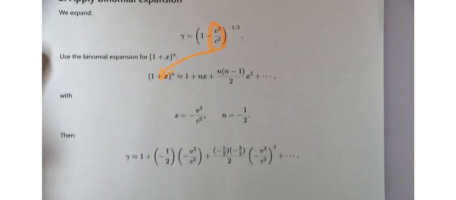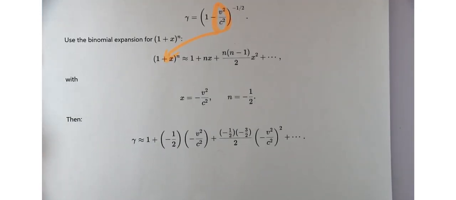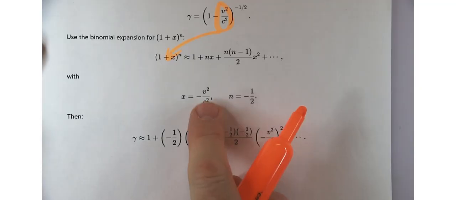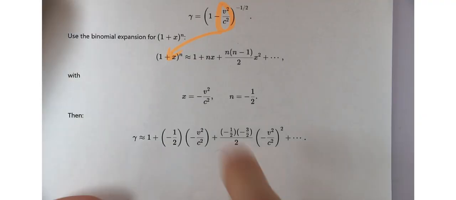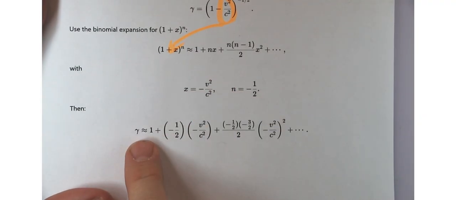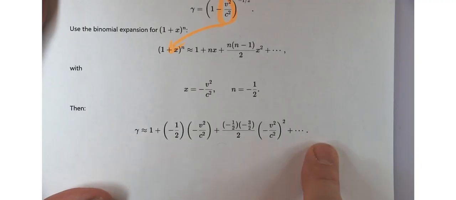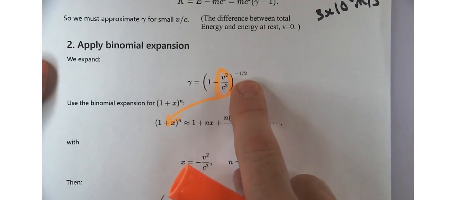Now, a quick little note about that term. This term is going to be pretty small when you're dealing with speeds that we would experience. Nonetheless, the approximation is going to be gamma is approximately this series. I'm using n equal to negative 1/2 for that.